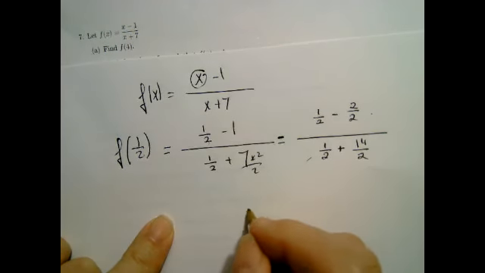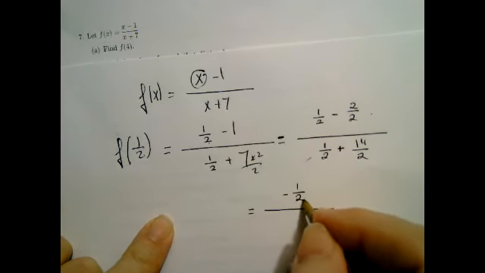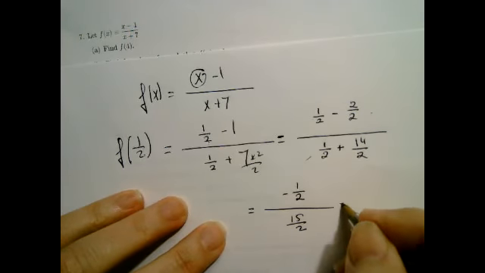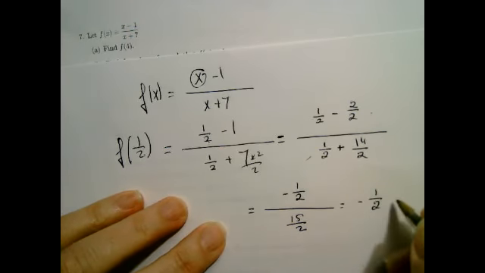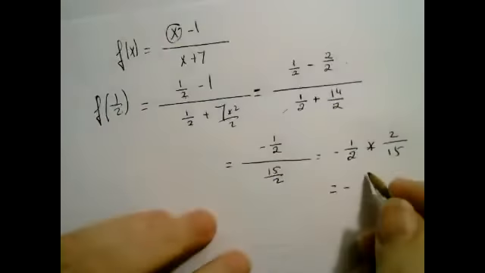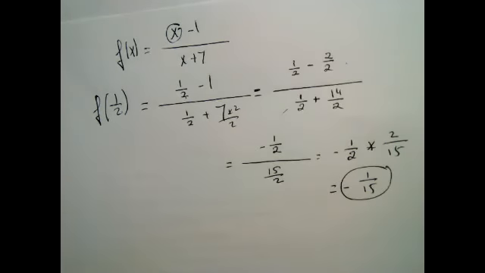So this will give me 1 minus a half. So it's minus a half in the numerator, divided by 15 over 2. Then you have to use the property of fractions over 15, and your answer would be minus 1 over 15. That's what I mean. I want your answer as a fraction.